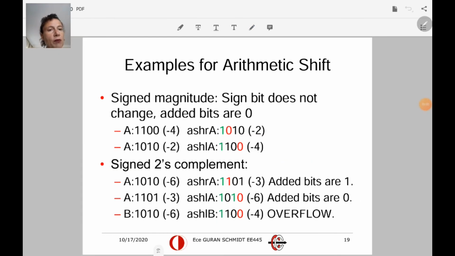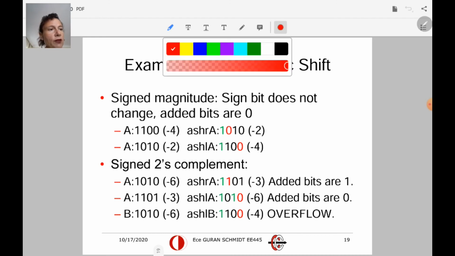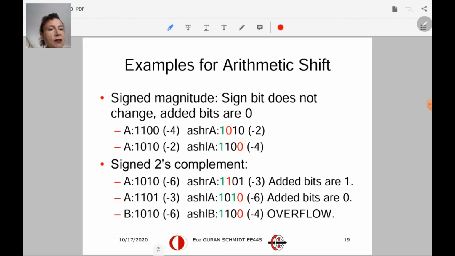So now we have examples for the arithmetic shift. So the first example is signed magnitude. So for this one, the sign bit doesn't change and added bits are 0. That's the rule. Now let's look at it. Here, this is a negative number. The sign bit doesn't change.